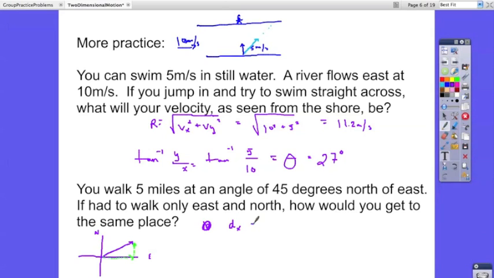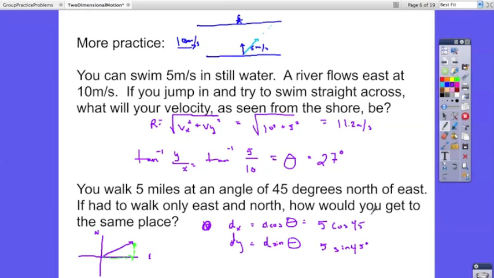dx is going to be d cosine theta, and dy will be d sine theta. So that will be 5 miles times the cosine of 45, and 5 times the sine of 45.